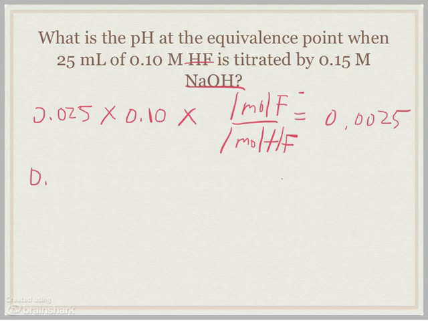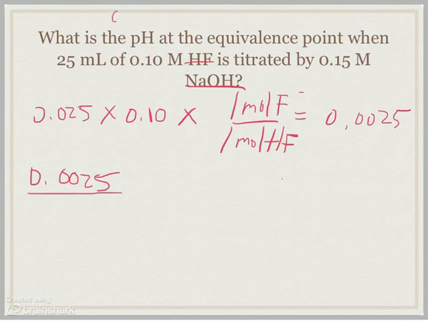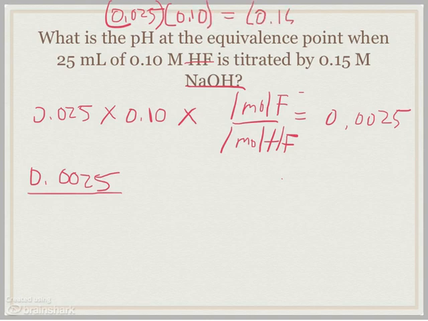We need to figure out, though, the volume in this case. To do that, it's not as easy as what it was before. The other one we were just able to set them equal to each other. In this case, though, we have 0.1 molar HF and we have 0.15 molar of NaOH, so we're not able to do that. What we could do, though, is take the 0.025, multiply it by the 0.10, and set that equal to 0.15 times the volume.